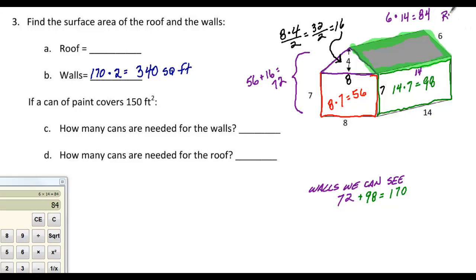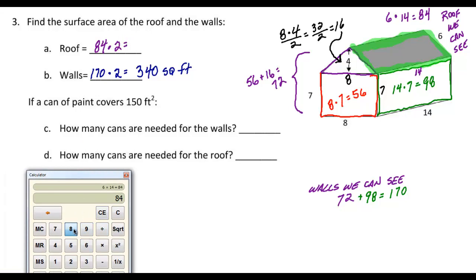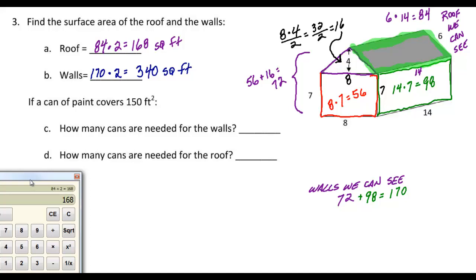That 84 is the roof we can see. So we bring that 84 over there, right like so. Multiply it by 2 to get the roof we can't see. 84 times 2 gives us 168 square feet of roof.